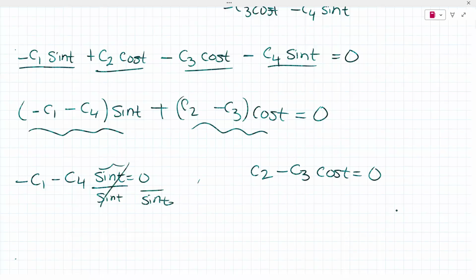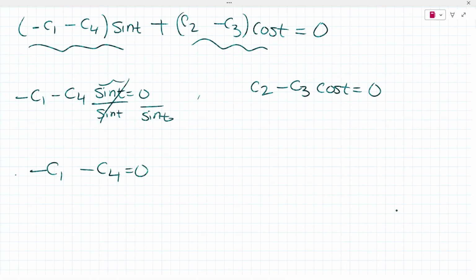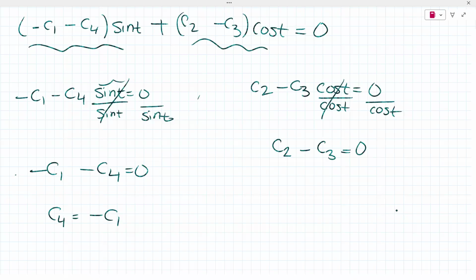This cancels, so now you're left with negative C1 minus C4 equals 0. If you solve for C4, you get C4 equals negative C1. Same thing here, you can get rid of cosine of t by dividing both sides by cosine of t, and you get C2 minus C3 equals 0. And now you have C3 equals C2.